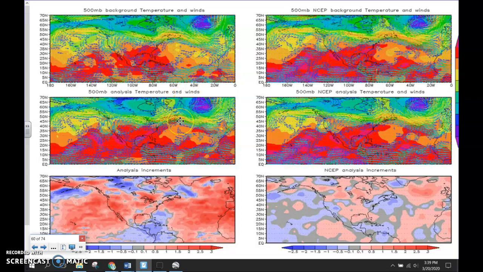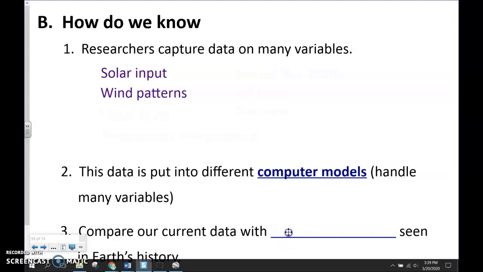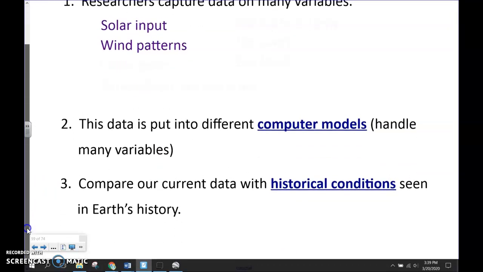So you can see how computers can take this information and compare one-on-one, right? We're also comparing not only those many variables, but also what do we know has happened? What's happening now? How does it compare to what's happening in the past? What are those things that are working together? So this is what's happening right now in climate. And we're going to compare what's happening now to what we've seen in the past.